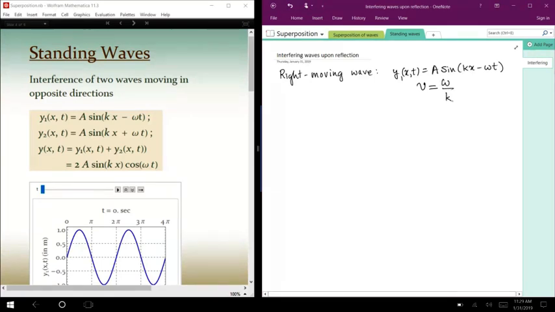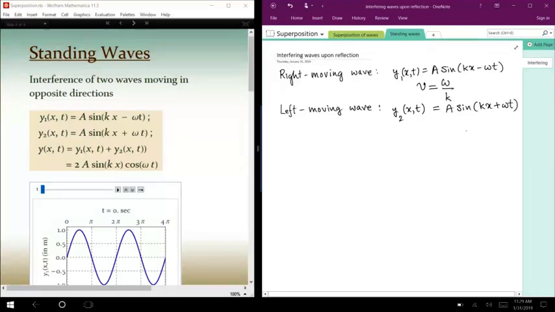Now if we choose another wave, y2(x, t), which is left moving, so now I pick a left moving wave, this is y2(x, t) equal to A sine(kx plus omega t).